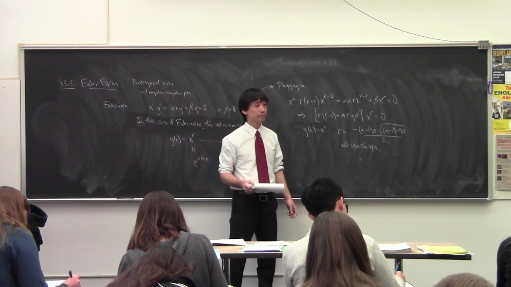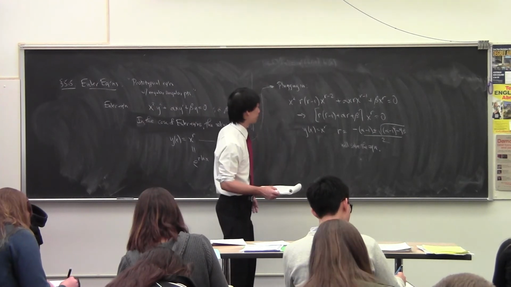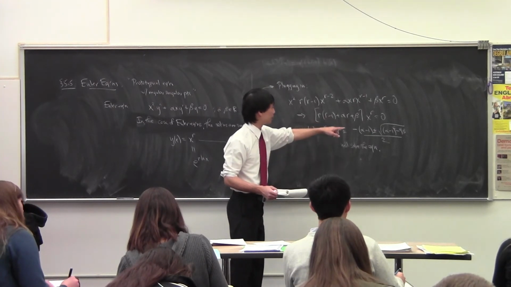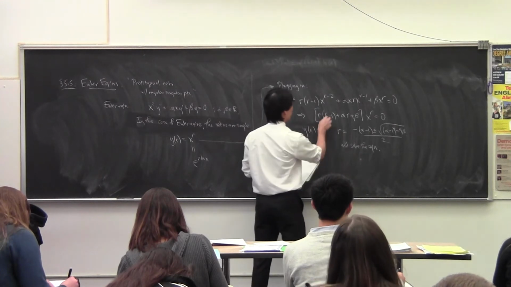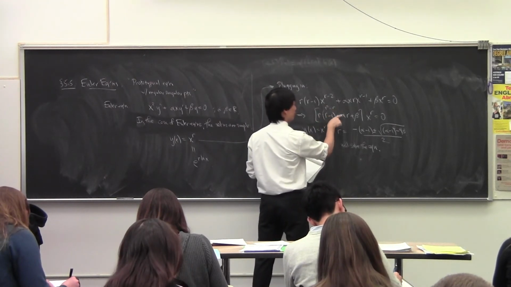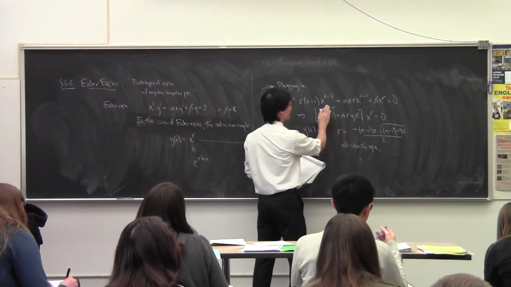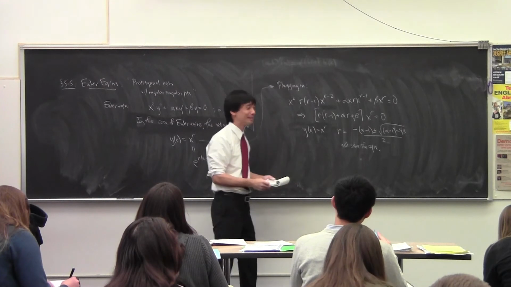What does the negative 1 go with, alpha? Where does the negative 1 come from? Here, you see, you get r squared minus r, so you end up with alpha minus 1 times r. Oh, okay, yeah.